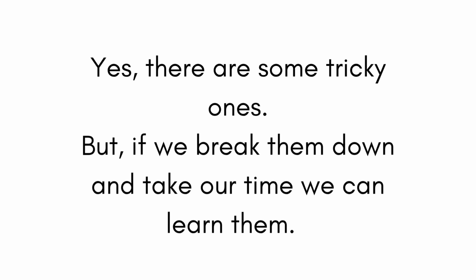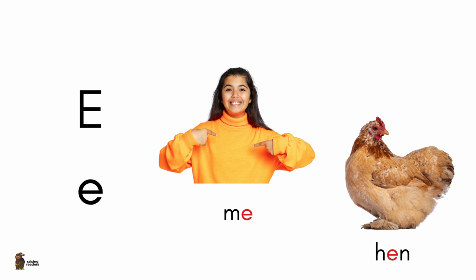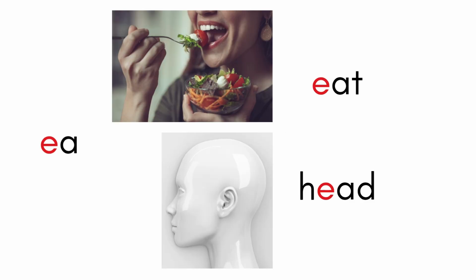For example, you know how the E says two sounds, E and eh? Remember how we went through that? And one of them is just a name, and the other one we kind of remember as the eh. When the E and the A get together, they're total besties. And the A is just there for moral support. She's not in the mix. She's not talking.